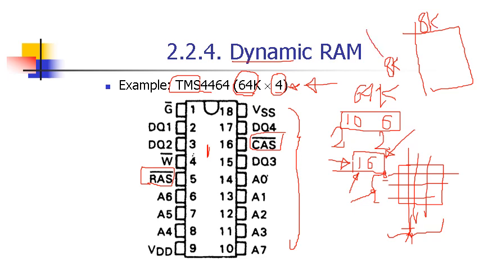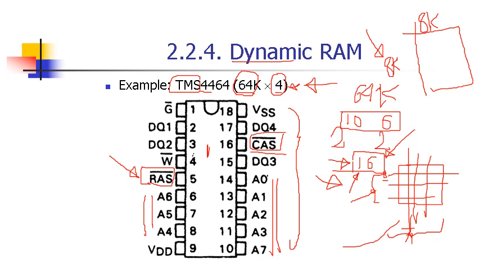So you have to provide only 8 bits for the address, A0 through A7, and if A0 through A7 is given a row address, your row address strobe should go low, and then at the next clock edge you provide the 8 address pins to address a column by providing a 0 here at the column address strobe.